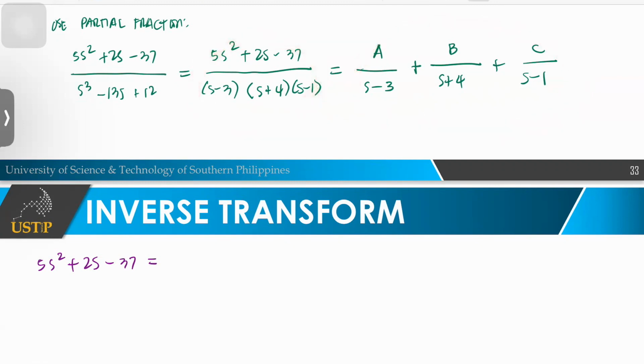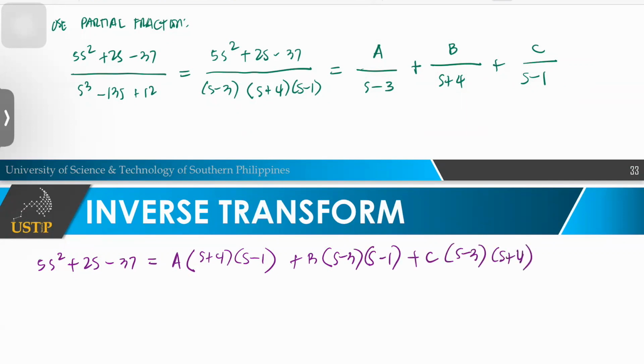Okay? So we have here A multiplied by, since its denominator is s minus 3, what we multiply is s plus 4 and s minus 1. So we have s plus 4, s minus 1, plus B, s plus 4 is its denominator, so we have s minus 3, s minus 1, plus C, s minus 3 and s plus 4.